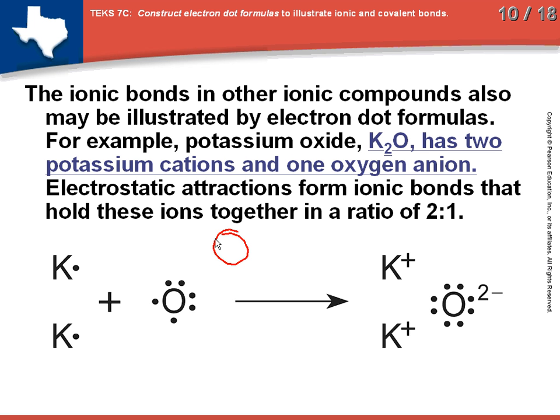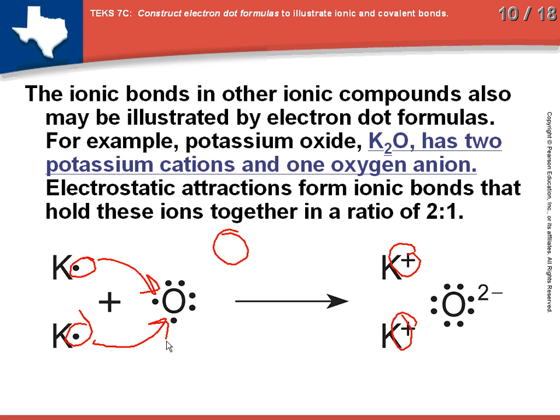For example, potassium and oxygen bond in a 2-to-1 ratio. It takes 2 potassiums giving away 2 valence electrons to the oxygen to even out, so that oxygen has its full octet and potassium has a full octet.